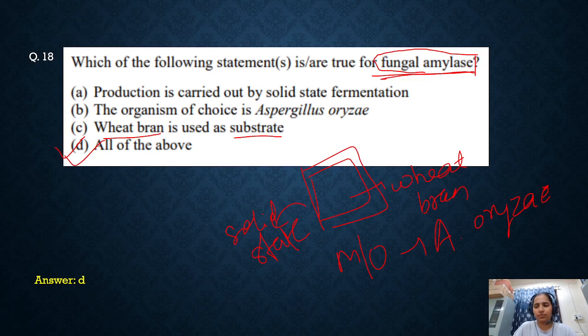Are there other methods apart from autotrophic, or only autotrophic methods? Because of the chlorophyll and the photosynthesis process, we mainly prefer the autotrophic method for its production.